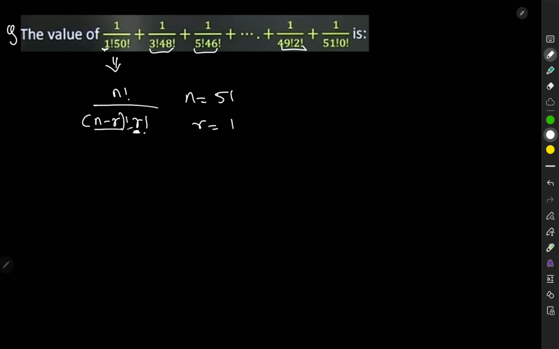So I can take n factorial as common, 51 factorial outside, and I can write this in the nCr term.